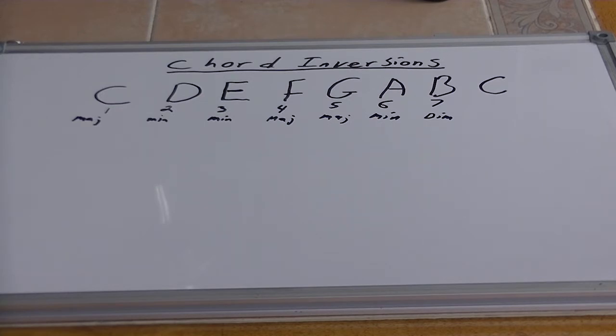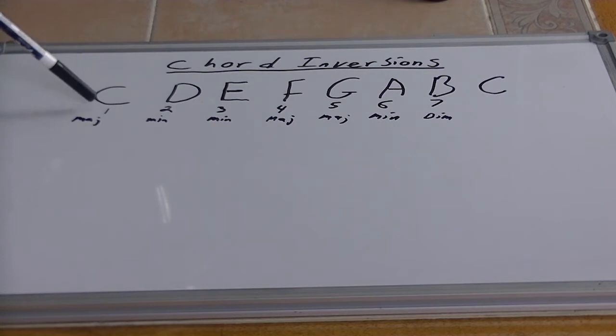So we're going to study chord inversions, and as you can see here, I have a C major scale written out, a 1-octave C major scale. As I pretty much always do, I have the notes of the scale numbered for any of you who may not be familiar with using numbers.